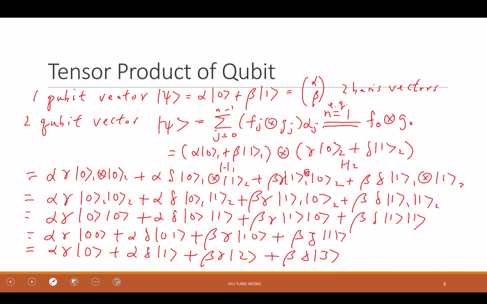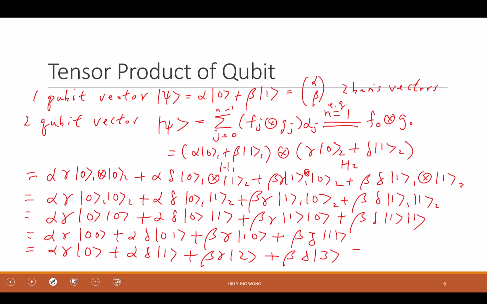I try to write the basis as 3. Again, it's in the ket notation. I can write English 3, Japanese or French, whatever. I'm still referring to the same thing, the 4th basis in this larger space. And this 4th basis is formed by the 2nd basis of these 2 subspaces.